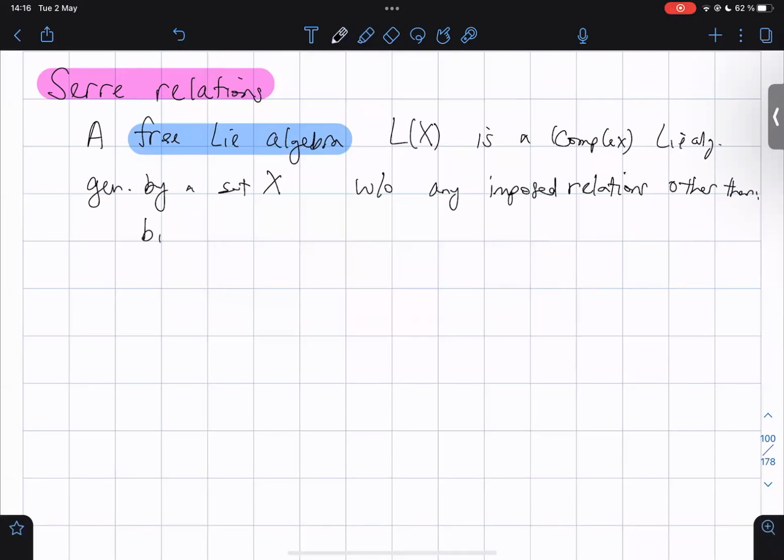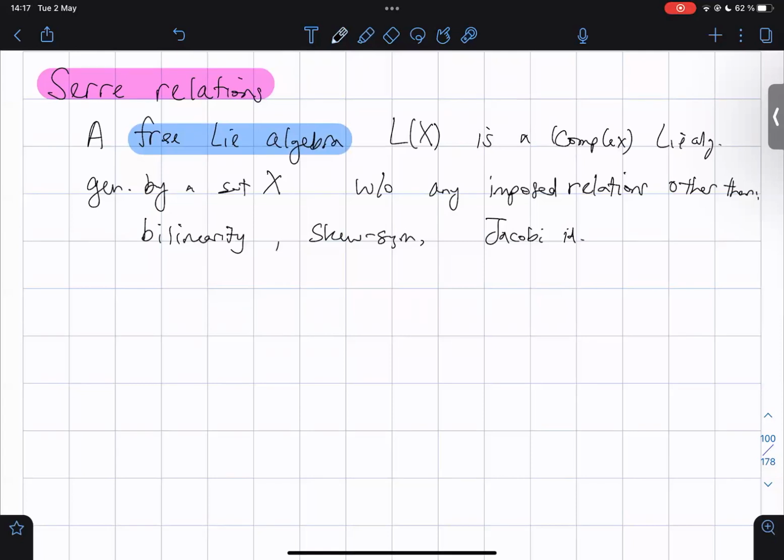Other than bilinearity, skew symmetry, and of course, the Jacobi identity. In general, you can show that this free Lie algebra on a set X is unique. And in general, it's infinite dimensional if the size of the set X is at least 2.